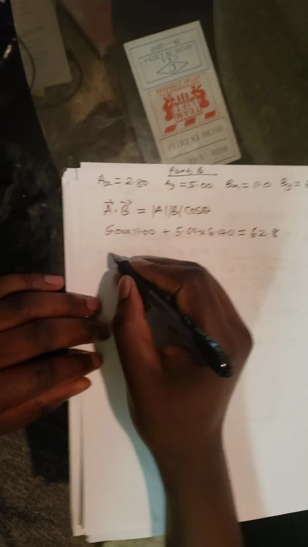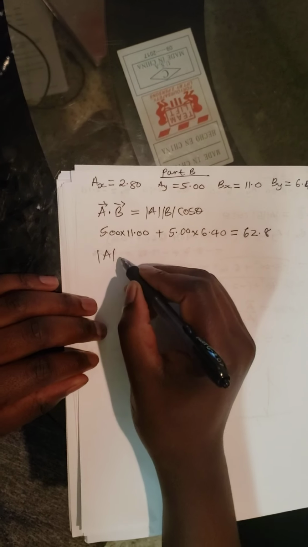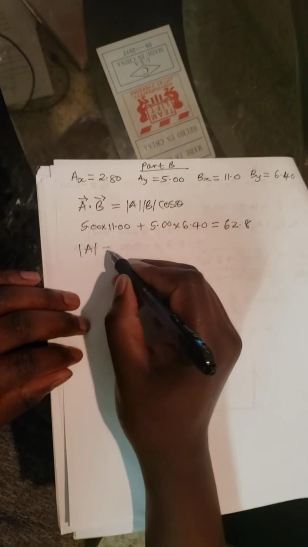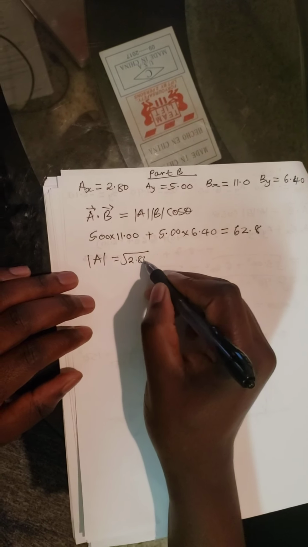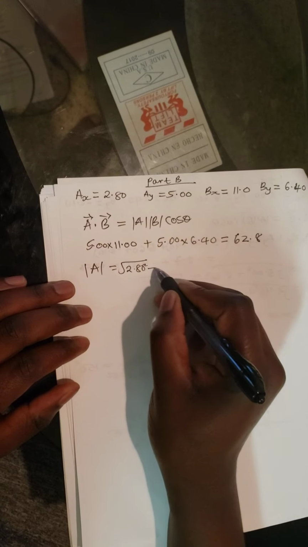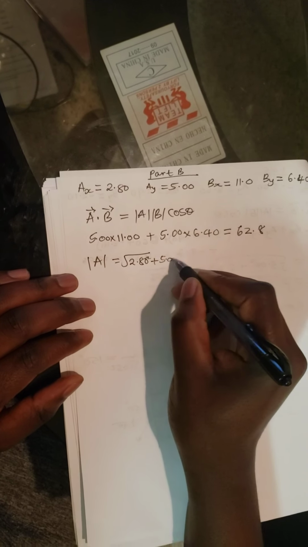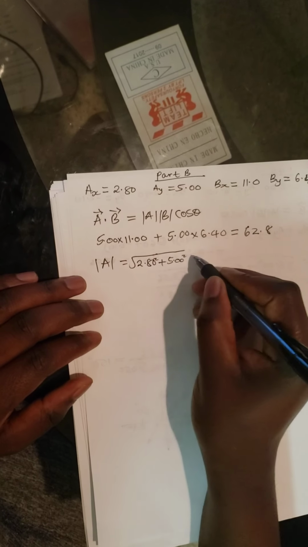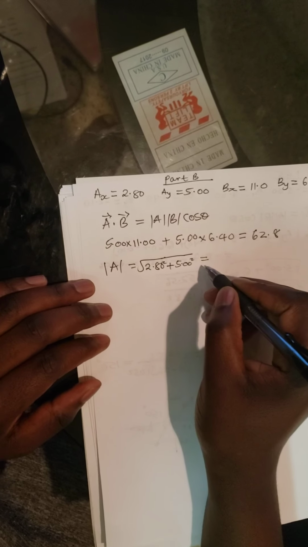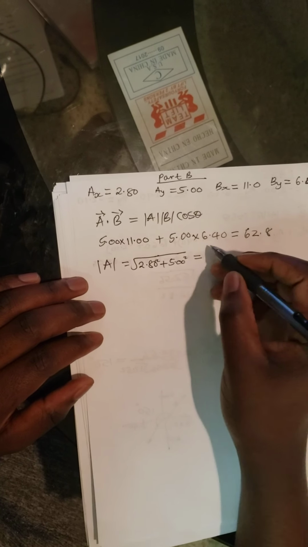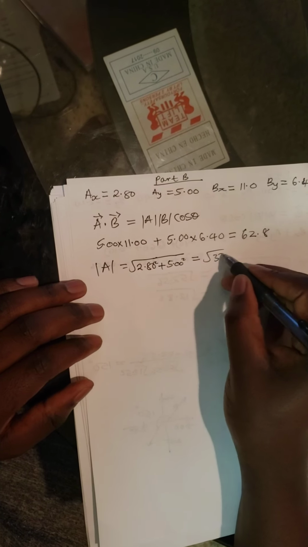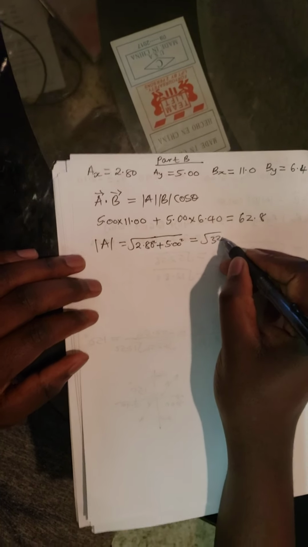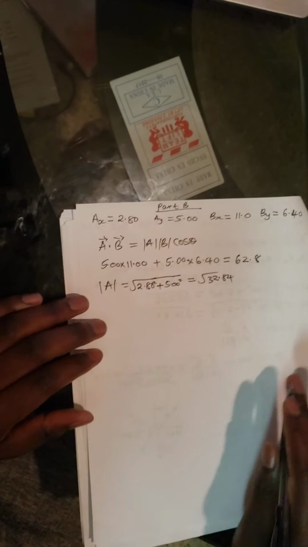I'm going to find the magnitude of vector A, which is the square root of 2.8 squared plus 5.00 squared under the root. That will give me the square root of 32.84.